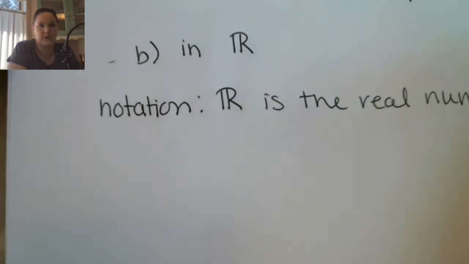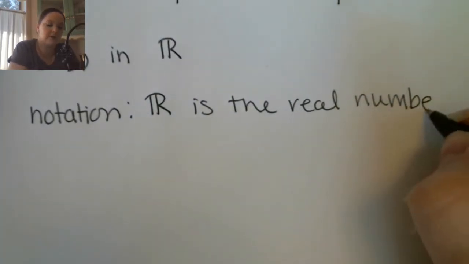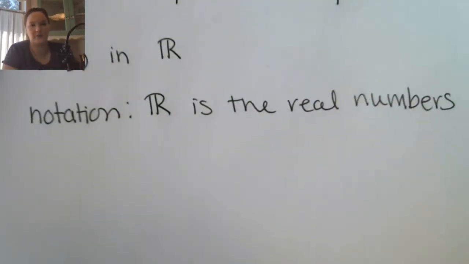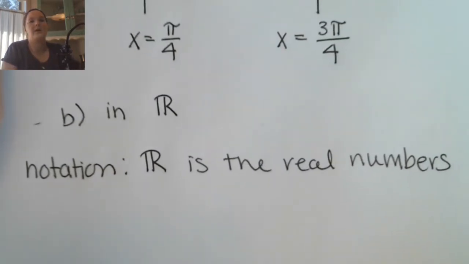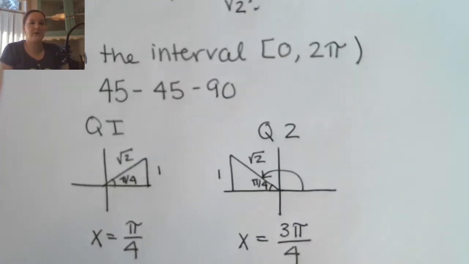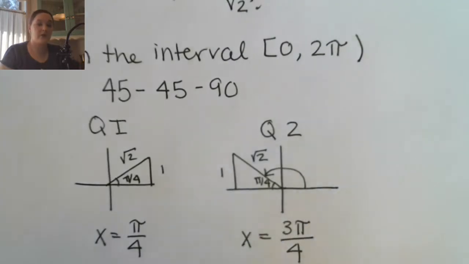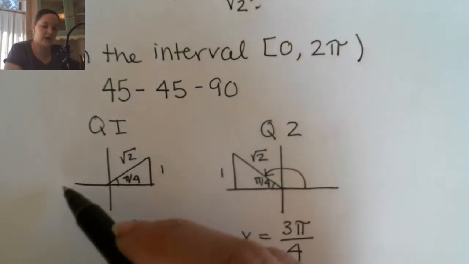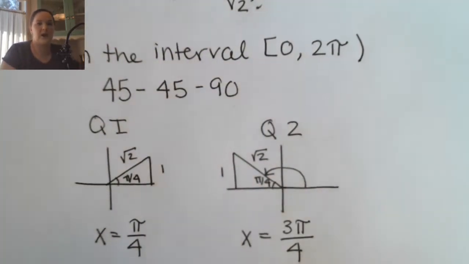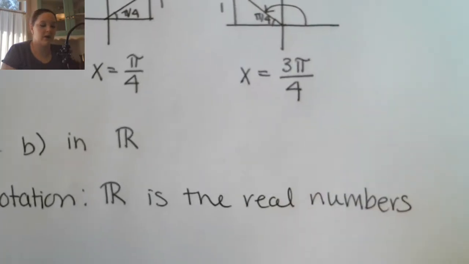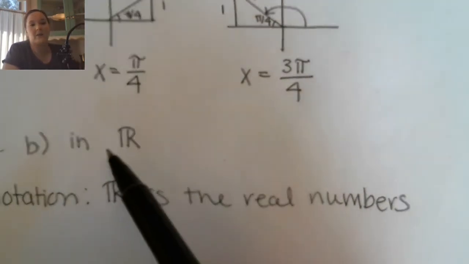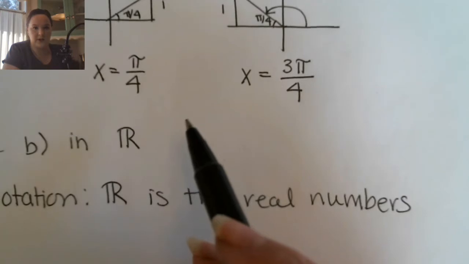This stands for real numbers, all possible real numbers. When we say we're solving between 0 and 2 pi, we're restricting it to that first rotation around the circle. Now when we're talking about R, that means any angle could be a solution here.